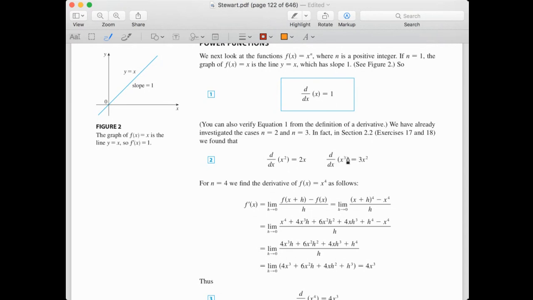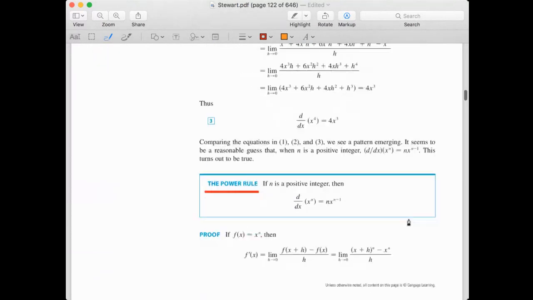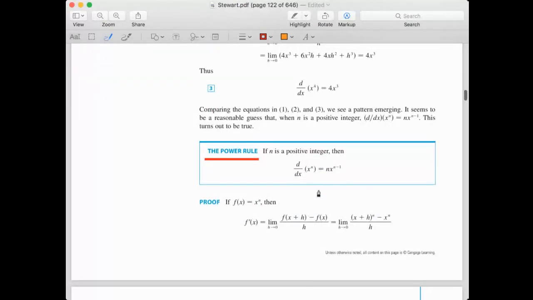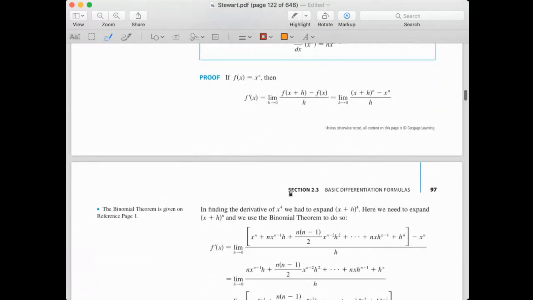Then 3 minus 1 is 2, so 3x squared. For x to the 4th, 4 becomes the coefficient. Then 4 minus 1 is 3, 4x cubed. So this is called the power rule. All right. If you like, you can go through this proof.